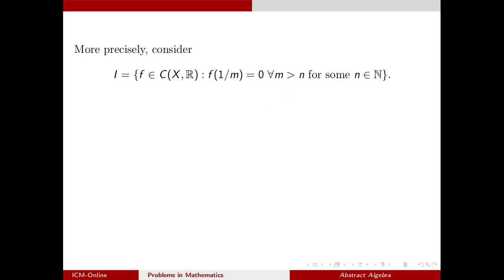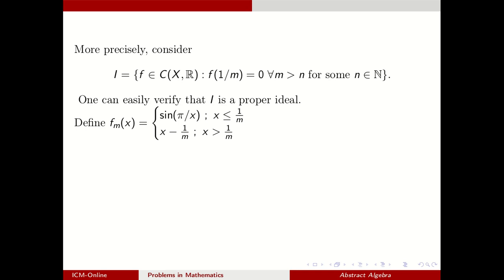More precisely, consider I equal to the set of all functions f in C(X, R) such that f(1/m) = 0 for every m greater than n, for some n in N. One can easily verify that I is a proper ideal.